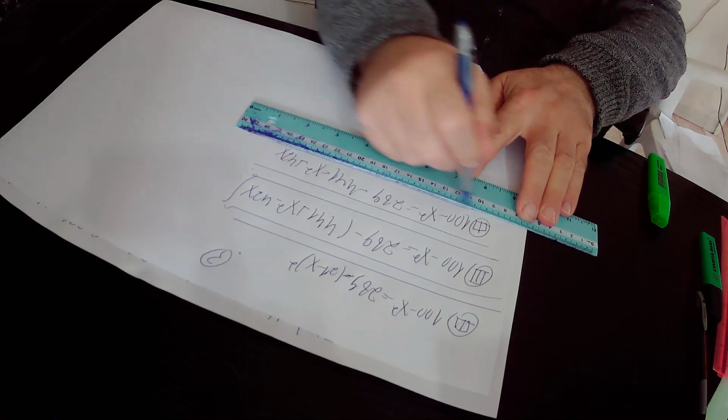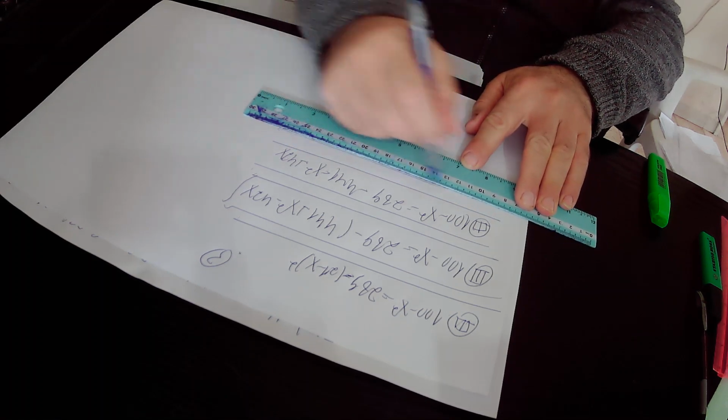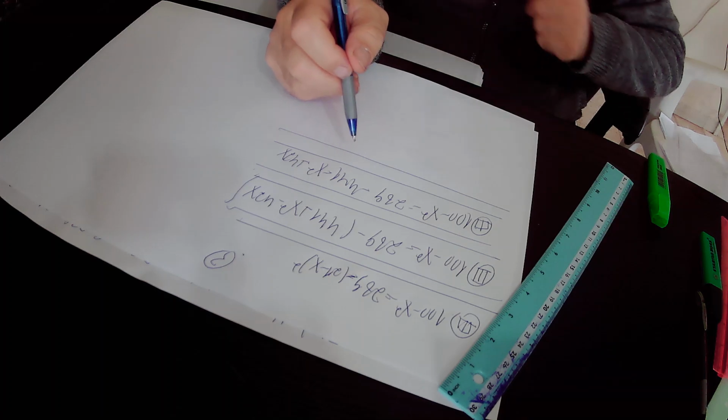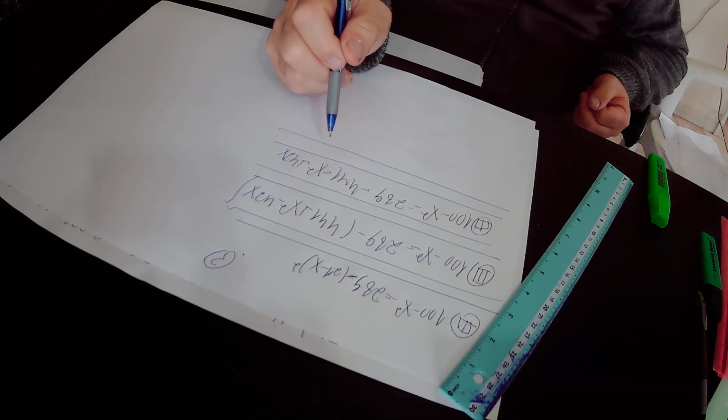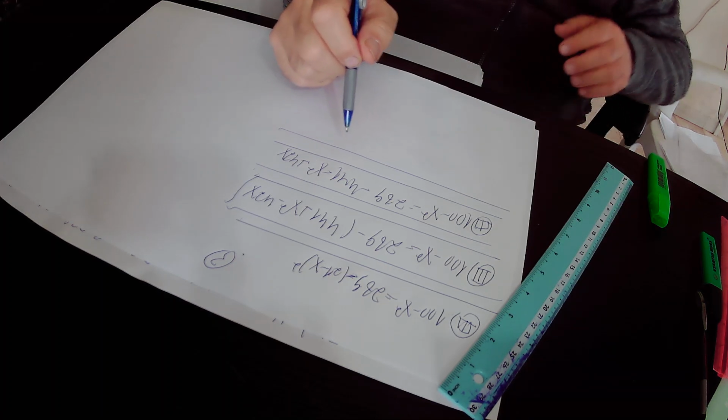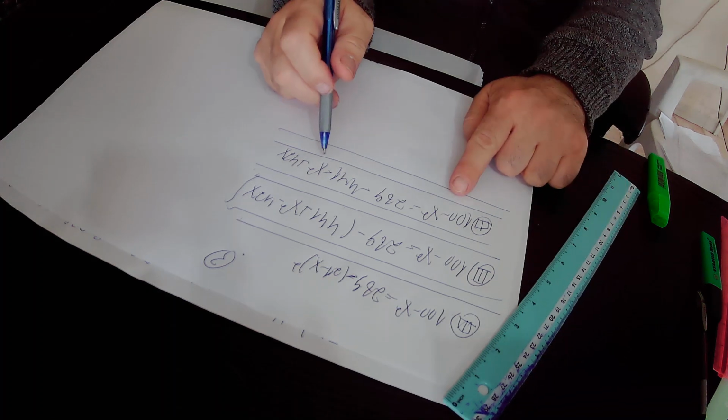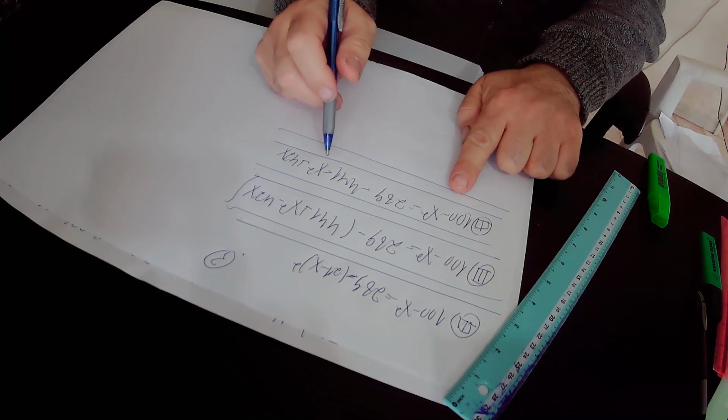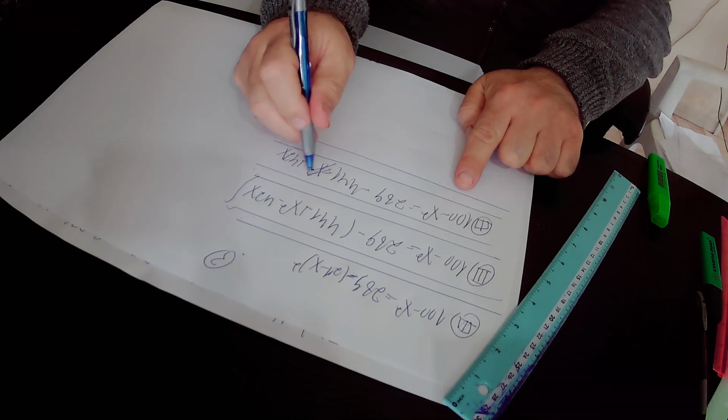So according to equation 3, 100 minus x squared equals 289 minus 441 minus x squared plus 42x. So here we have minus x squared on both sides of equation 3, so minus x squared will get cancelled.